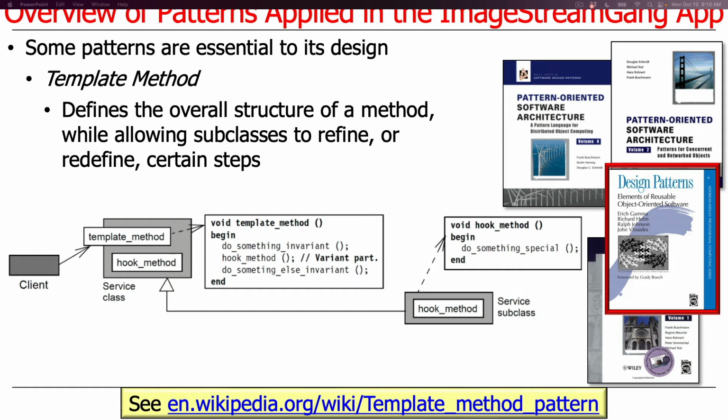This pattern is used in general in frameworks, and we have this thing called the StreamGang framework, which provides the heart of the overall design of the ImageStreamGang program, and it's got some cool template methods that do a fixed set of steps that can be customized by subclasses that want to have variations in things like the concurrency strategy. So we'll see how that gets applied. It's a very, very popular pattern.